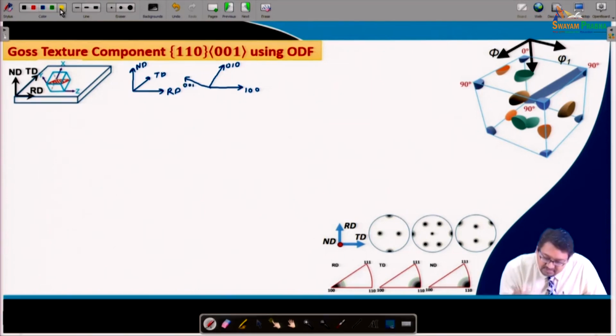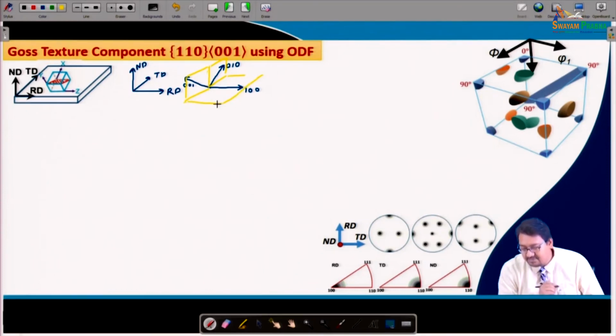So, to just make you understand, it is something like this, right. So, this is one plane and this is another plane. So, the components are like this, right.